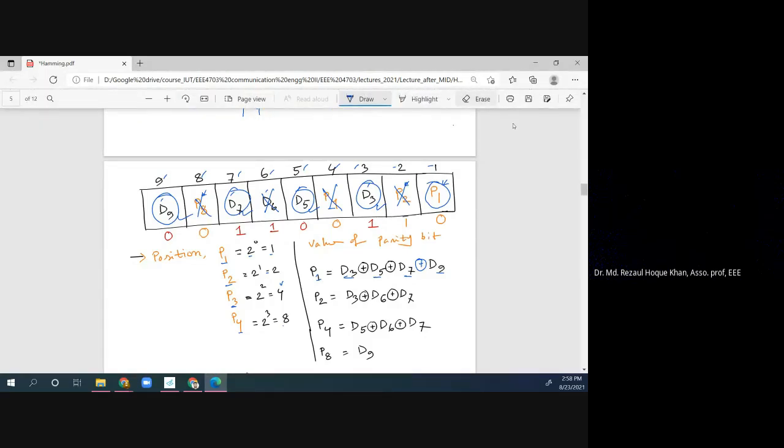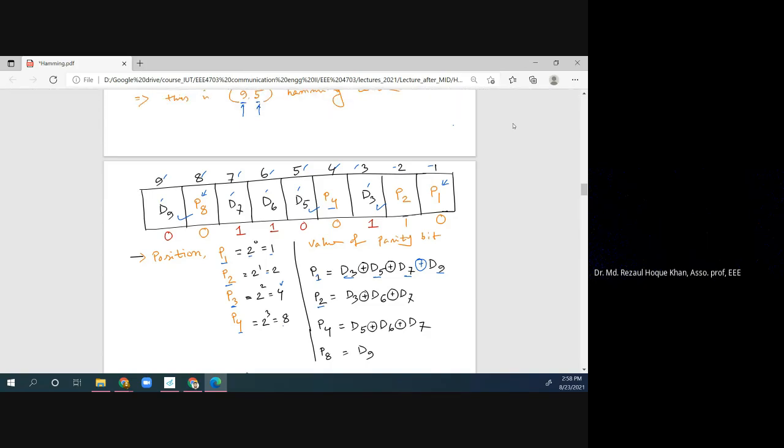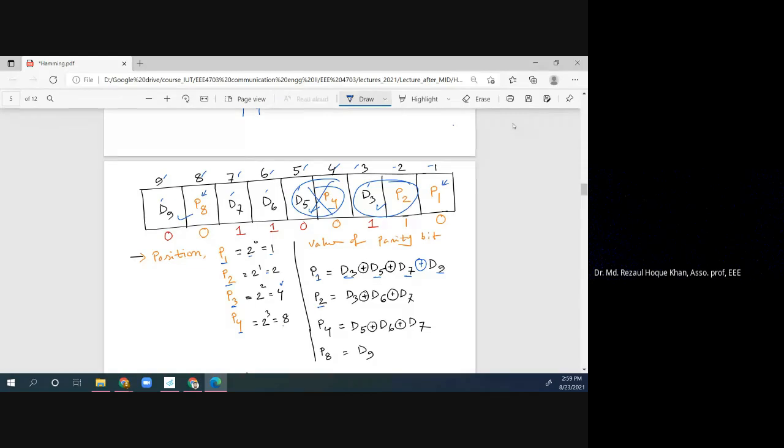Now for P2: check 2, skip 2, check 2, skip 2. So we have D3, D6, D7.